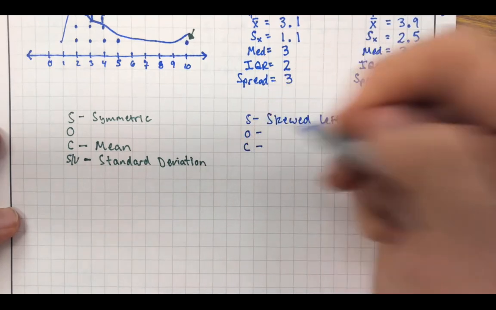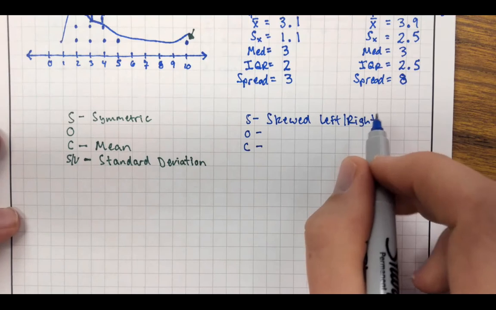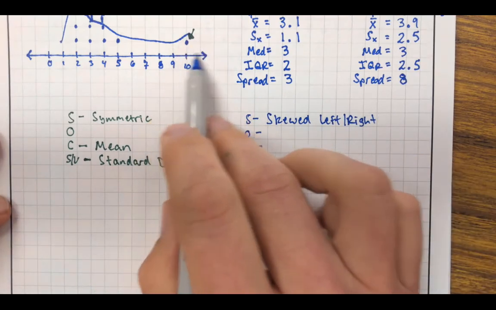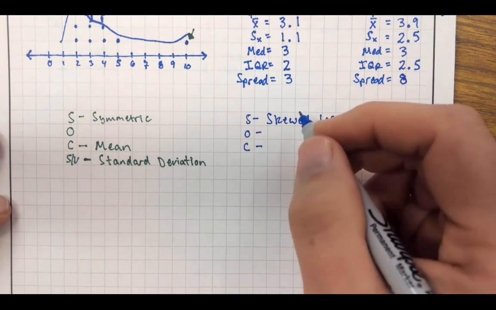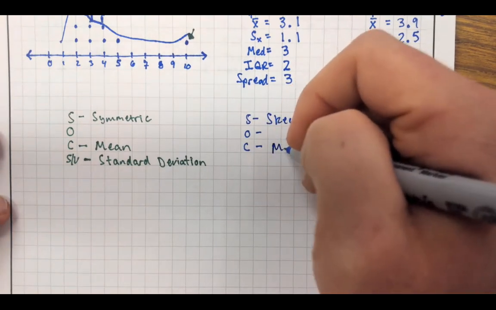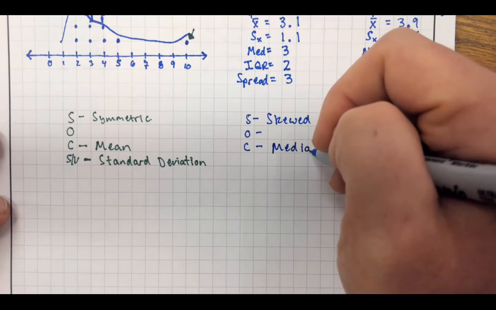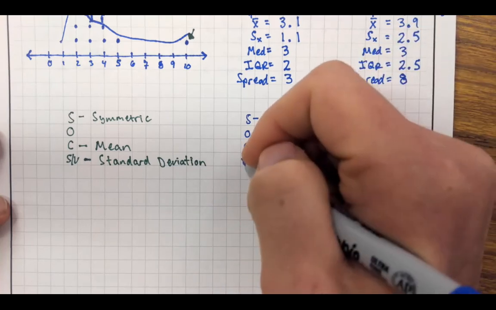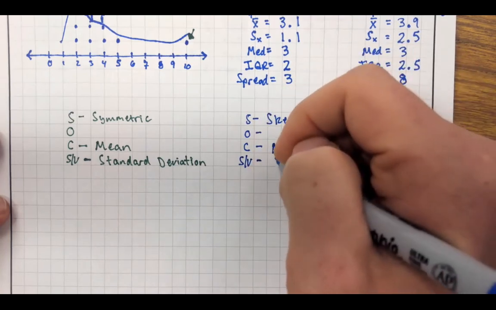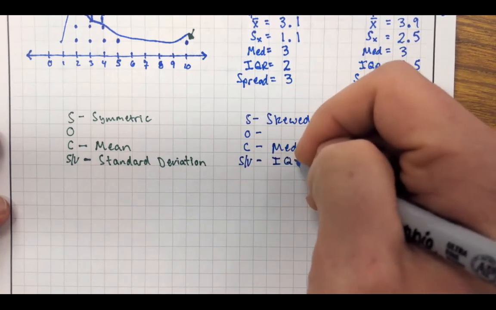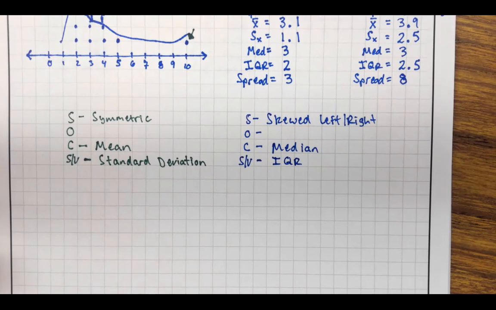Now the measure of center for skewed, and even if there are just extreme outliers like we had up here, the measure of center for anything skewed, you should absolutely use the median. And a better measure of spread or variability if you use the median is to use the IQR. That'll tell you the range in the middle 50% of the data.